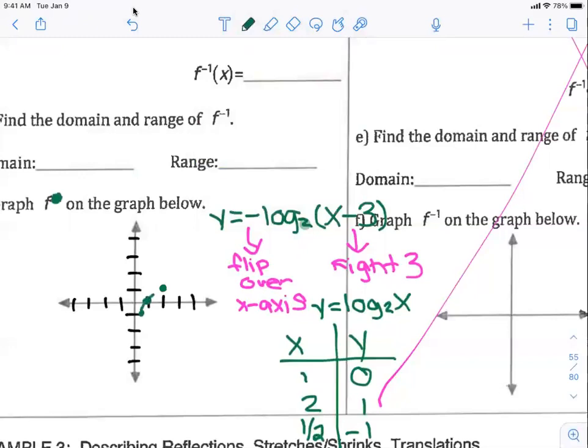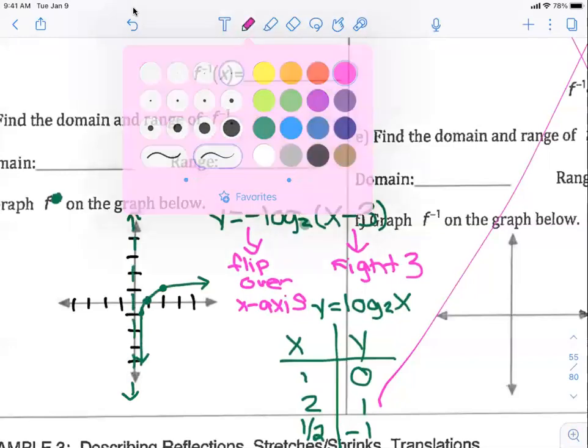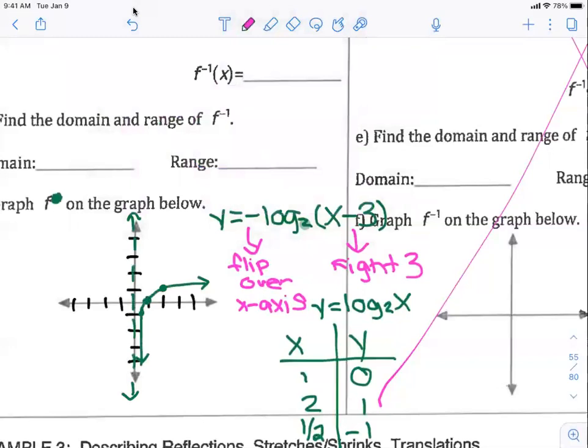So again, it looks like an R. My original asymptote is right through here. But now I've got to do all that fancy stuff. So flip over the x-axis here. This is your x-axis. So this point would stay, this point would come down here, and this point would come up here. So it no longer looks like an R, because now we flipped it.